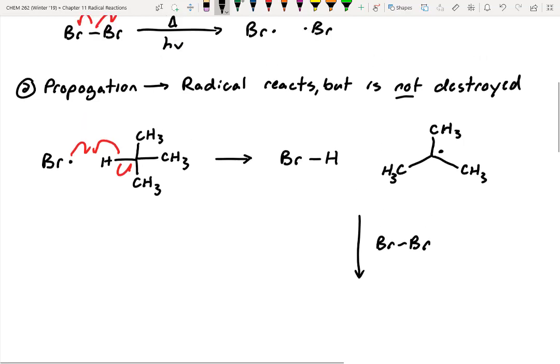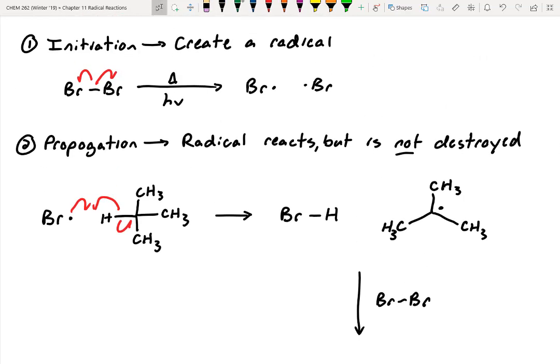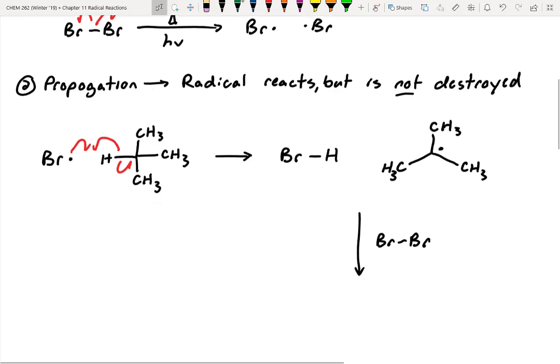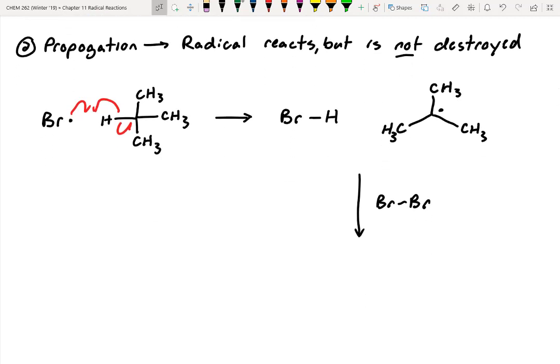Whenever you do this initiation step, chances are a small percentage of that bromine will cleave into radicals, but not all of it. So we will still have some additional bromine around. In this next step, this radical will reach out and do a halogen abstraction.